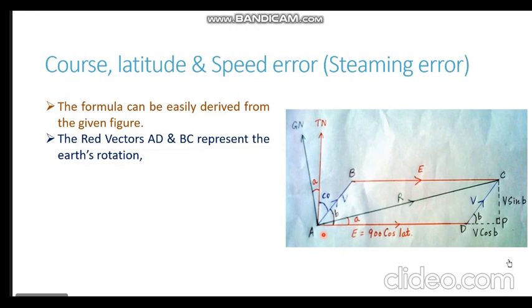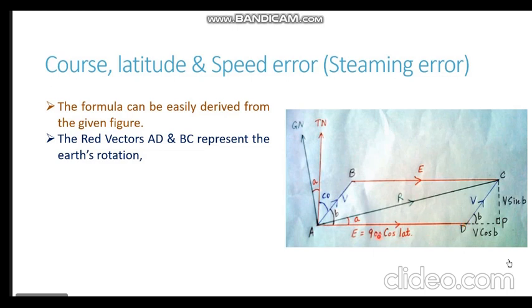So let's try to understand the diagram. First of all, concentrate your attention on the red color vector shown in the diagram, highlighted by the laser pointer, alpha to delta. This alpha to delta vector represents the Earth's rotation.